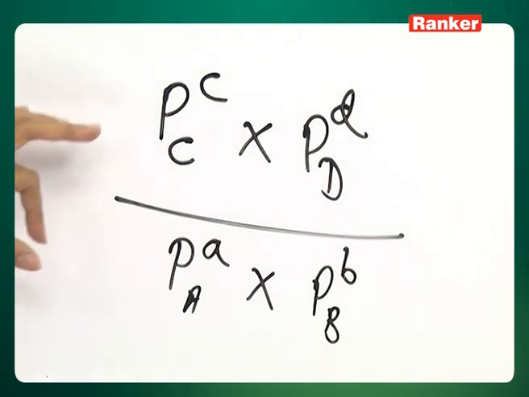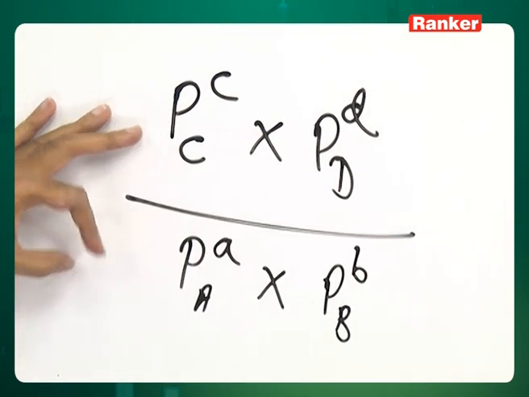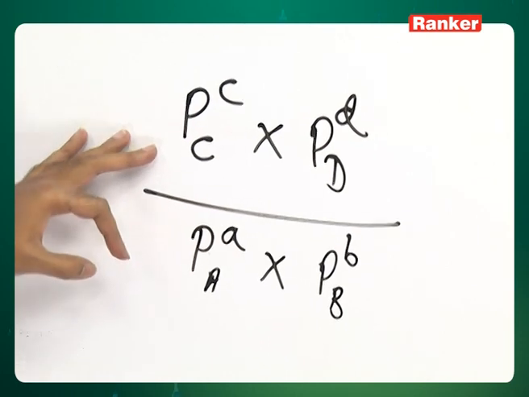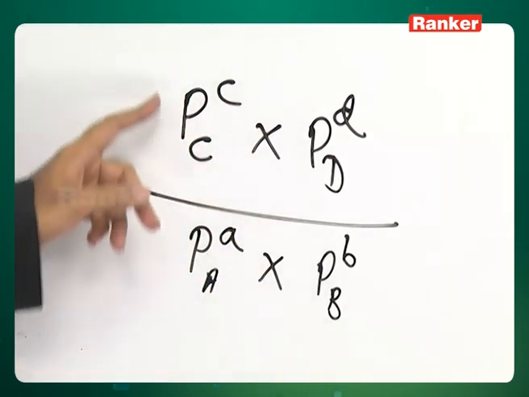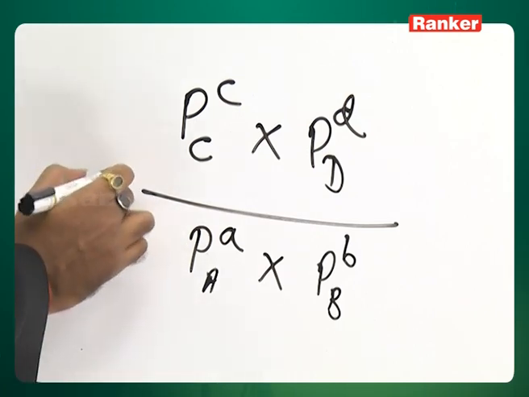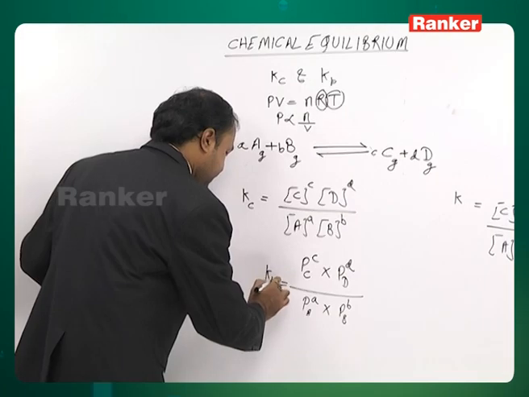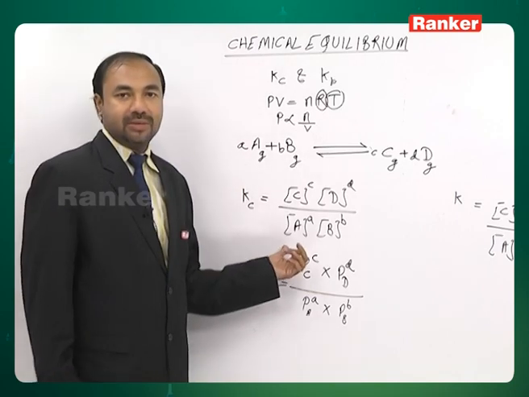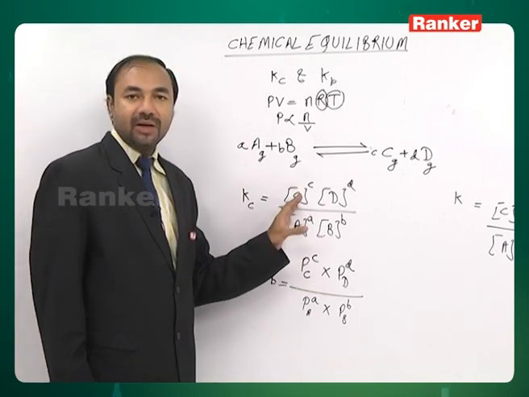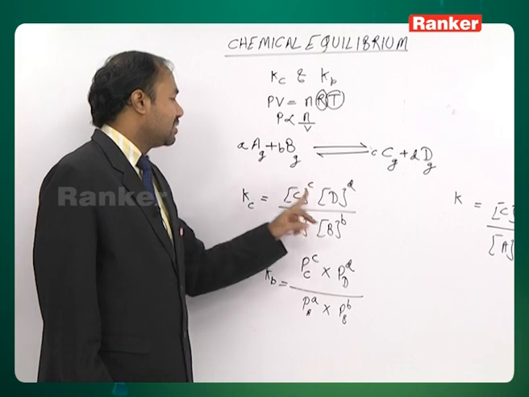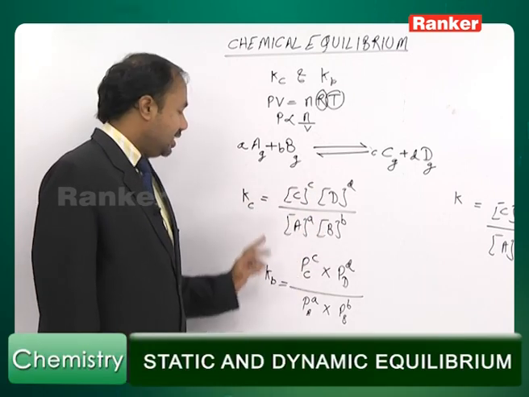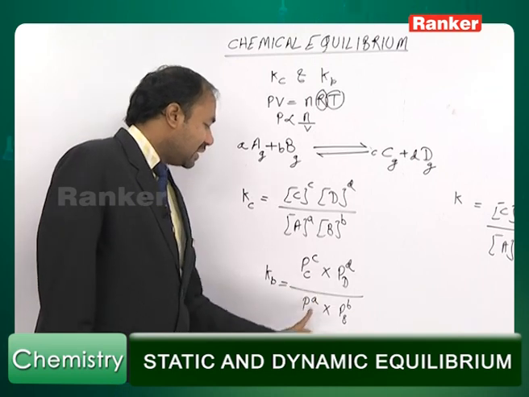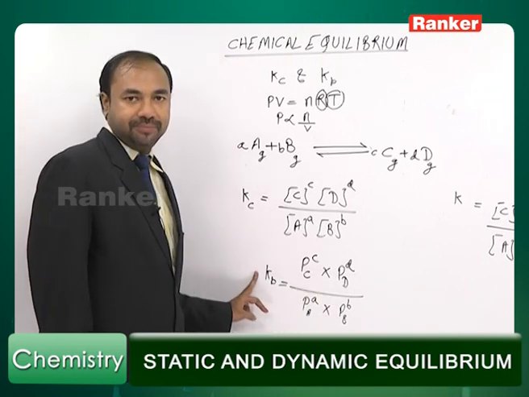This equilibrium expression has been written in terms of partial pressures, so this expression is now called Kp. Means if you are writing the equilibrium expression using concentration terms, it is called Kc. If you are writing it using pressure terms, it is called Kp.